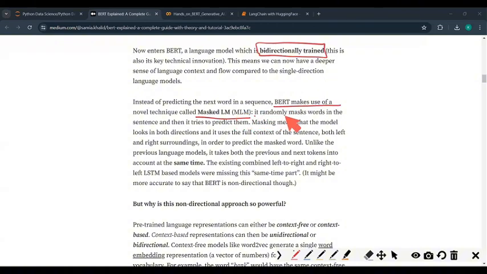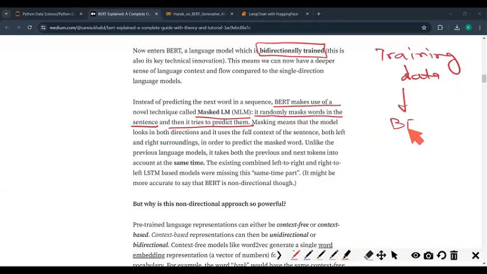which randomly masks words in a sentence, and then it tries to predict them. Whenever training data is given to BERT, to learn the pattern and understand the next probable word, it takes these training data, randomly any statement, and masks some words.